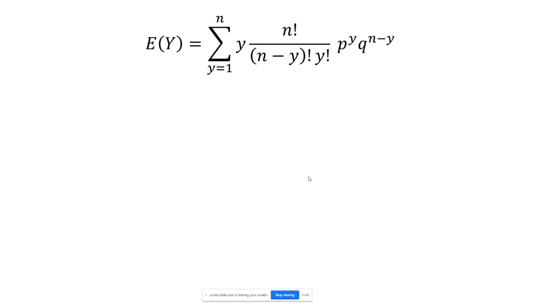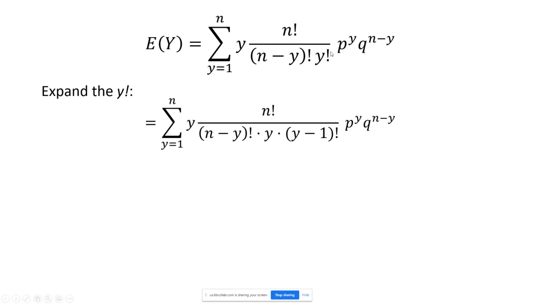And now let's further expand this y factorial in the denominator. So we know that y factorial is y times y minus 1 times y minus 2 times ... times 1. But let's just peel off the first factor of that. So we can write it as y times the quantity y minus 1 factorial. Anybody see how that helps us?